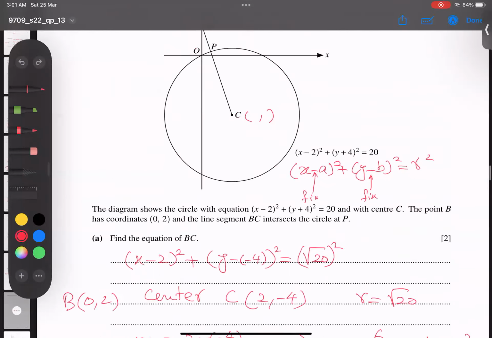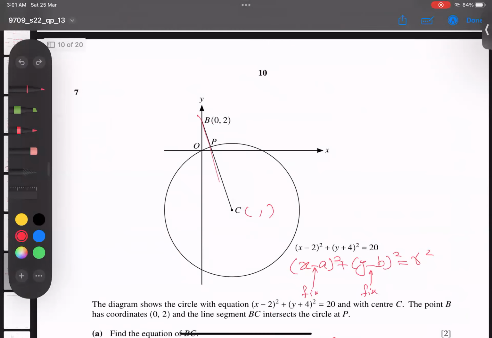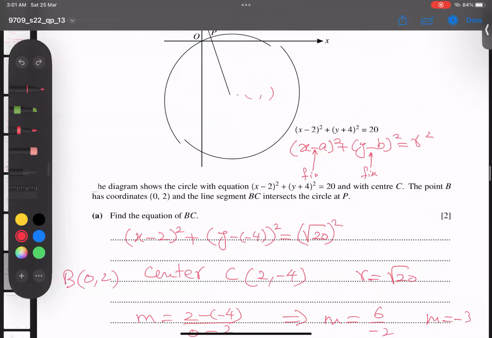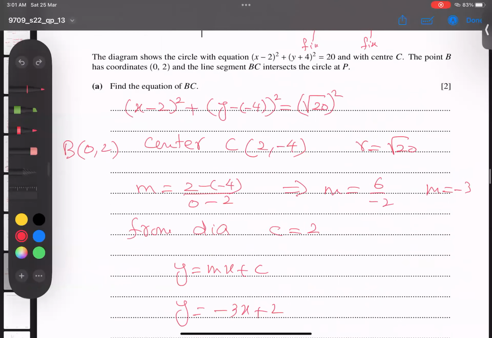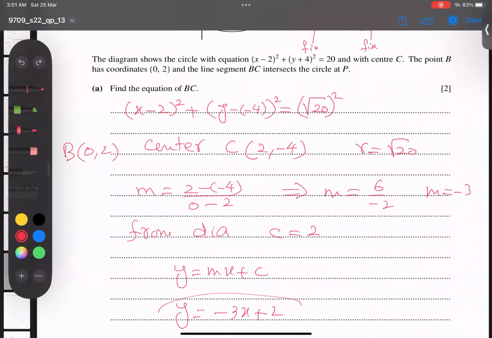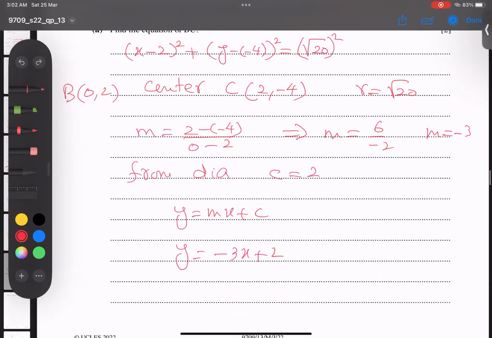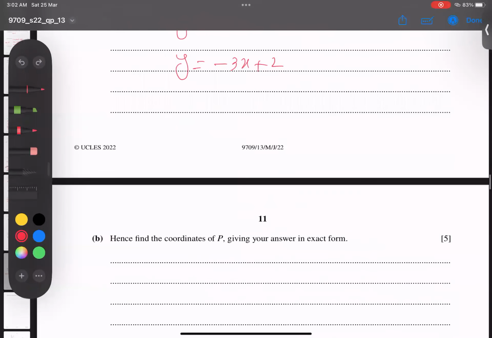So, students, it is very clear, because this line BC and the circle are intersecting at P. Because they're intersecting at P, I can solve them simultaneously: this line's equation and the equation of the circle. So how can we do it? This is the value of y, and I will simply replace the y value. So I'm writing now x minus 2 whole squared. The question is x minus 2 whole squared plus y plus 4 whole squared equals 20.